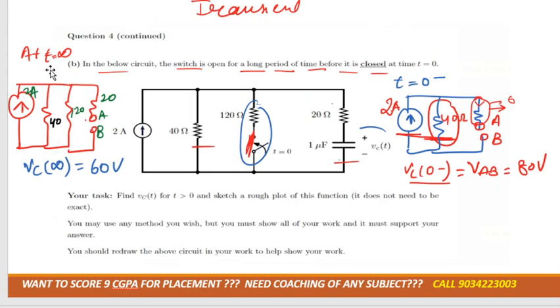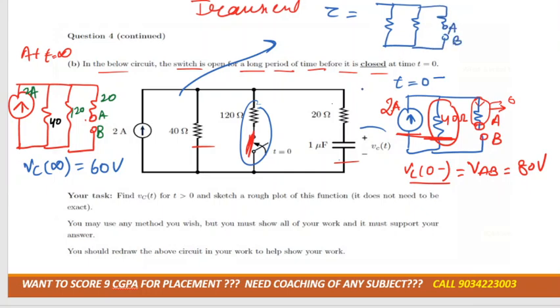Now see, at t greater than 0, for tau the current source is open, with 40, 120 and 20, and we need to calculate the resistance across the same points where the capacitor was.